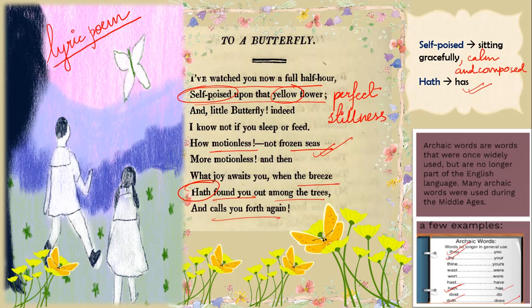He is also wondering how happy and how delightful the butterfly will be when it starts flying again, when the breeze calls it, when the breeze teases it. So the main focus here is on the joy of the poet at seeing this beautiful butterfly.